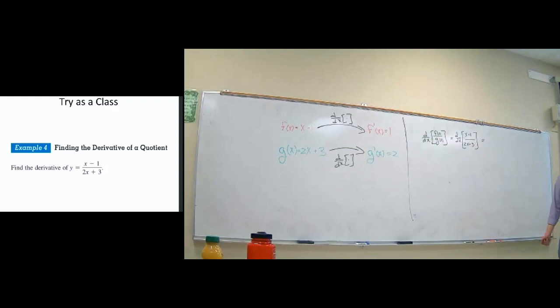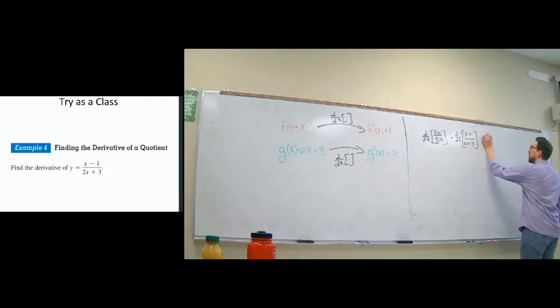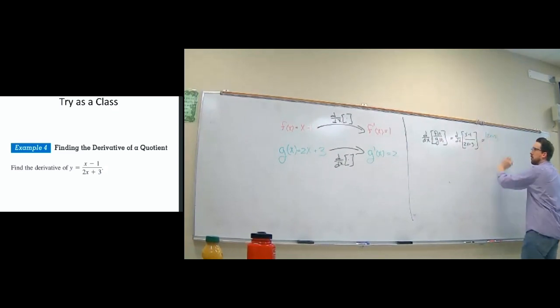The mnemonic was low d high: 2x plus 3, right?